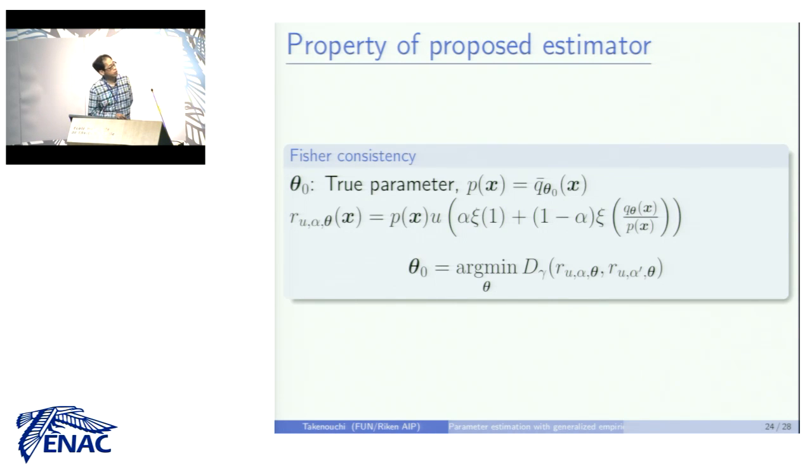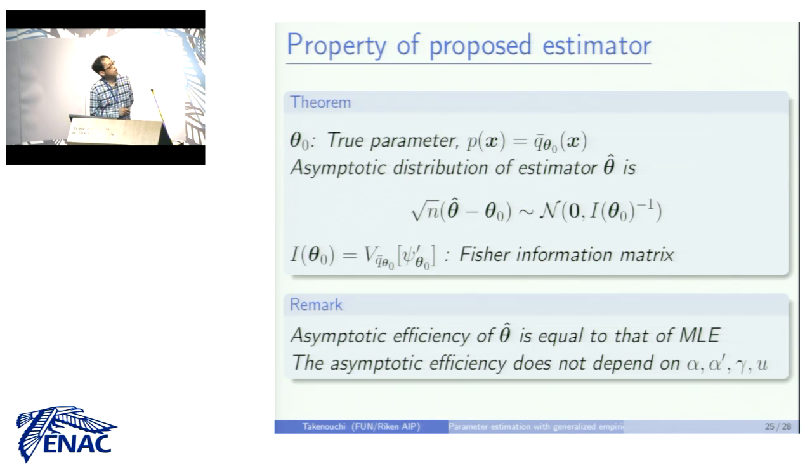And actually, this estimator also has Fisher consistency. So the true parameter is always a solution of the optimization problem. And the asymptotic distribution of the estimator is also normally distributed like this.